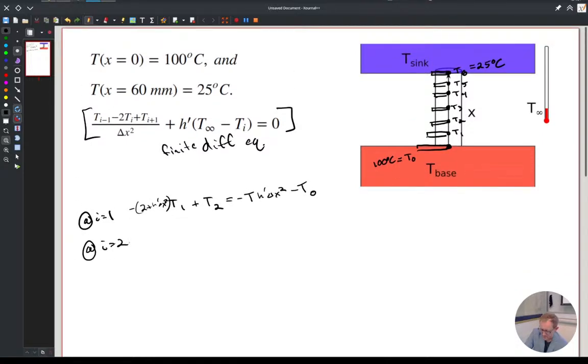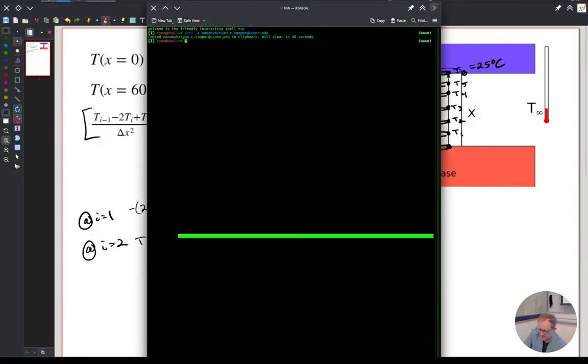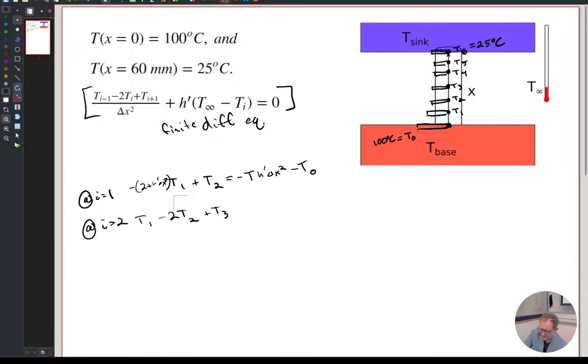At i equals 2, I have T1 minus 2T2 plus T3. And really, let's start adding things together here. Start recognizing the patterns, right? T1 minus 2 plus h prime delta x squared times T2 plus T3 equals negative T infinity h prime times delta x squared.